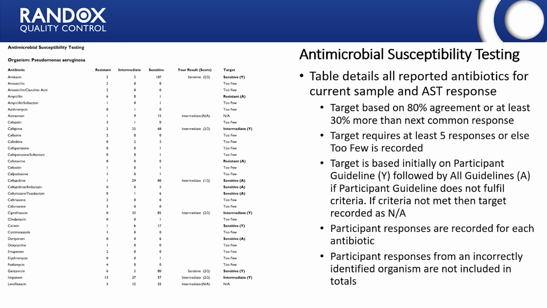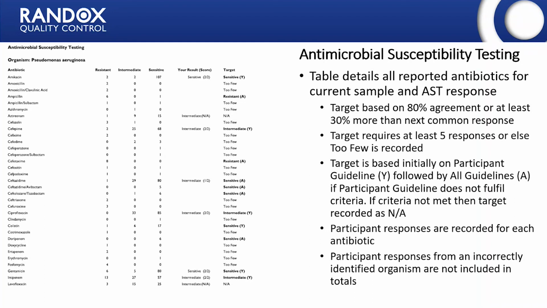So how that gets all presented on the report is basically like this, or as you see on the left-hand side. What we have here is a list of all the antibiotics that were reported for this individual organism. So for Pseudomonas aeruginosa, we had this long list. It actually goes on to another page of antibiotics. Now, not all labs will use all these antibiotics.